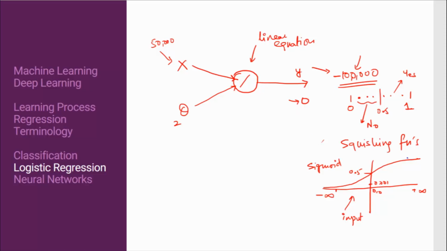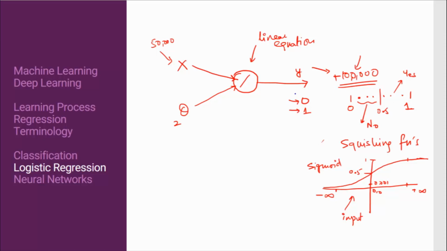If we gave it a very large number, let's say the 10,000 that we had earlier, this is going to give us a number very close to 1. Now we are squished between 0 and 1. We cannot have a value larger than 1 because the sigmoid does not have a value larger than 1.